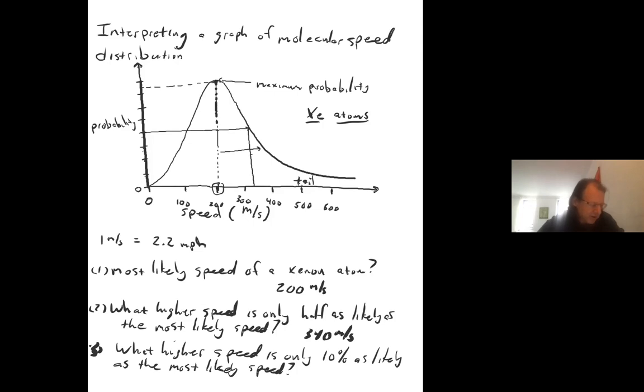Okay, only 10%. Okay, well, like I said, it was 7.5 boxes high. So what's 10% of 7.5? Well, it's 0.75, right? 10% is 0.75.